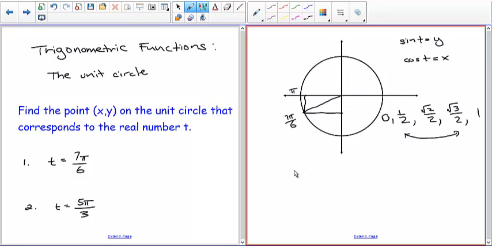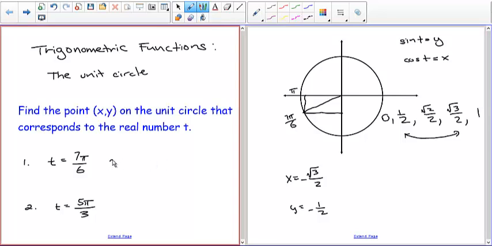So what I can say is that the x-coordinate is going to be this square root of 3 over 2 in terms of the size, and the y is going to be equal to a half. But because I have a negative x-coordinate and a negative y-coordinate, I'm in the third quadrant, they're both negative.